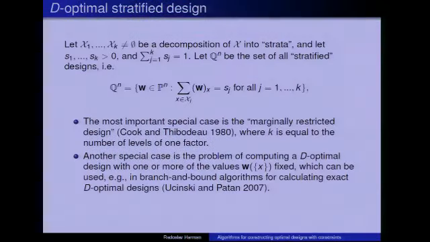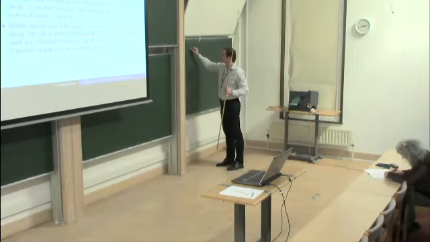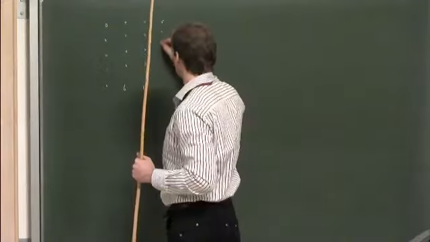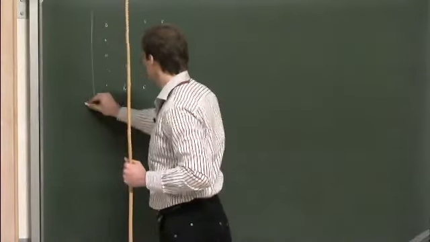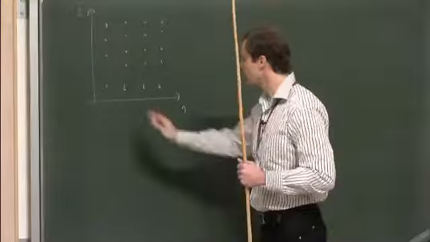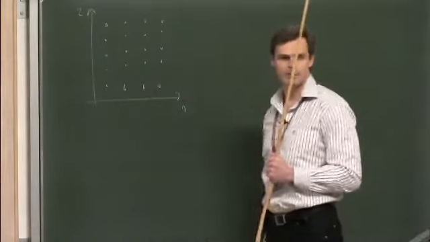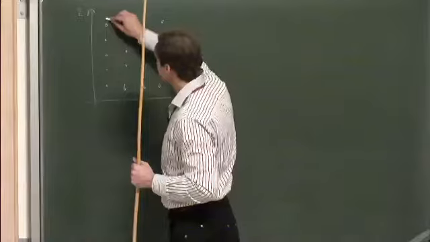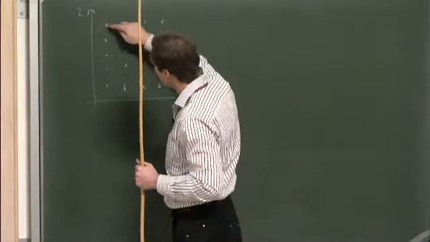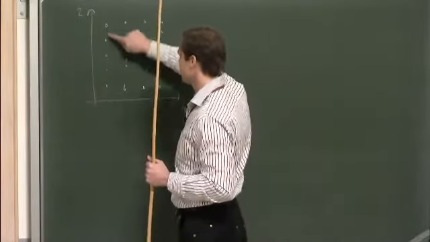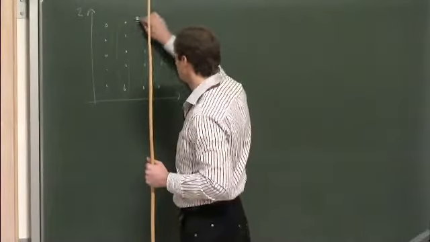Sometimes this design space, for example, can be of this form. It can be like a grid in the plane. That is, we have two factors, one factor and a second factor. These are the levels of the factor, so continuous-level factors. And in some applications, we know the sum of the design weights for each level of one of the factors.